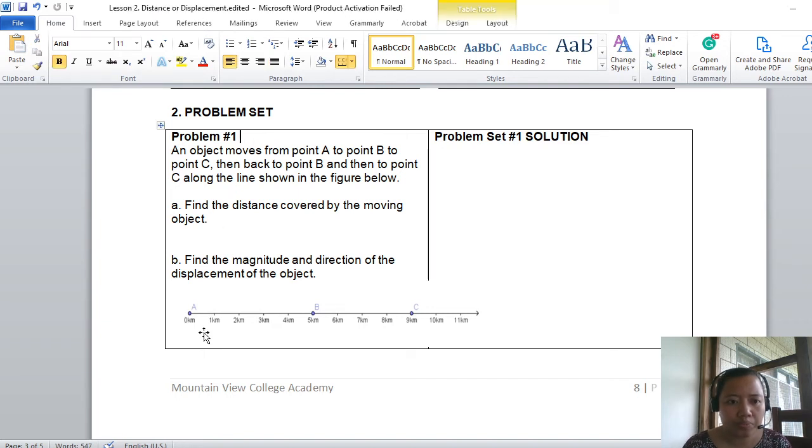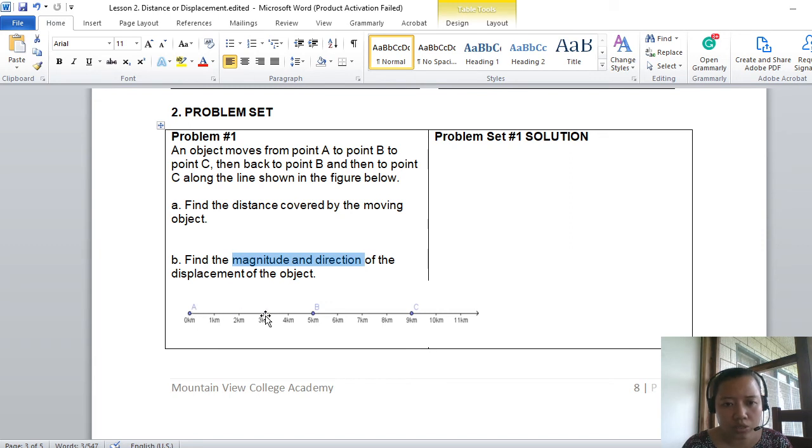Next, let's have problem set number 2. As you can see, we have an object moves from point A to point B and to point C. So find the distance covered by the moving object. So what's the total distance covered by the moving object? Okay, it's very easy. Look at the diagram and find the magnitude and the direction of the displacement of the object.